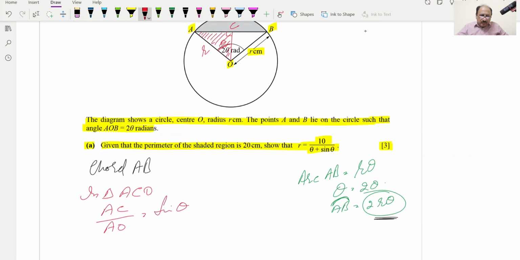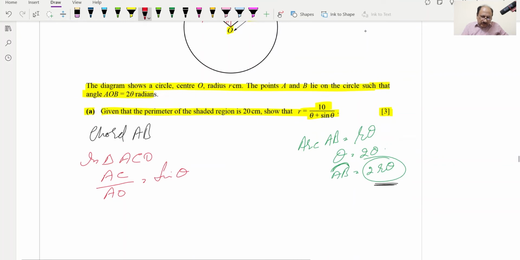So AC, where AO is R, is R sine theta, and we know that AB is equal to 2AC, so this is equal to 2R sine theta.